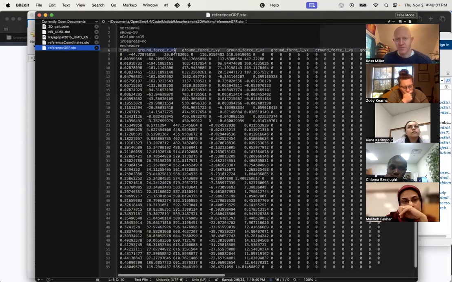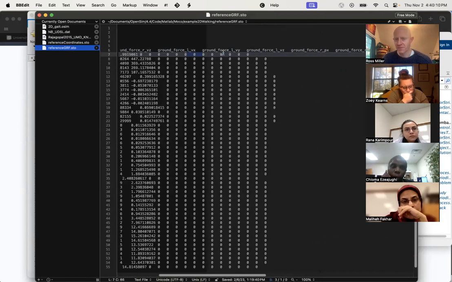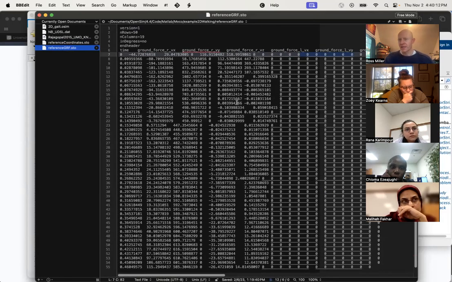So horizontal ground reaction force for the right foot, horizontal for the left foot, sorry, vertical for the right foot. And you can see the same stuff there for the left foot. So it's giving it a set of target motions of the model's joints and a set of target ground reaction forces.